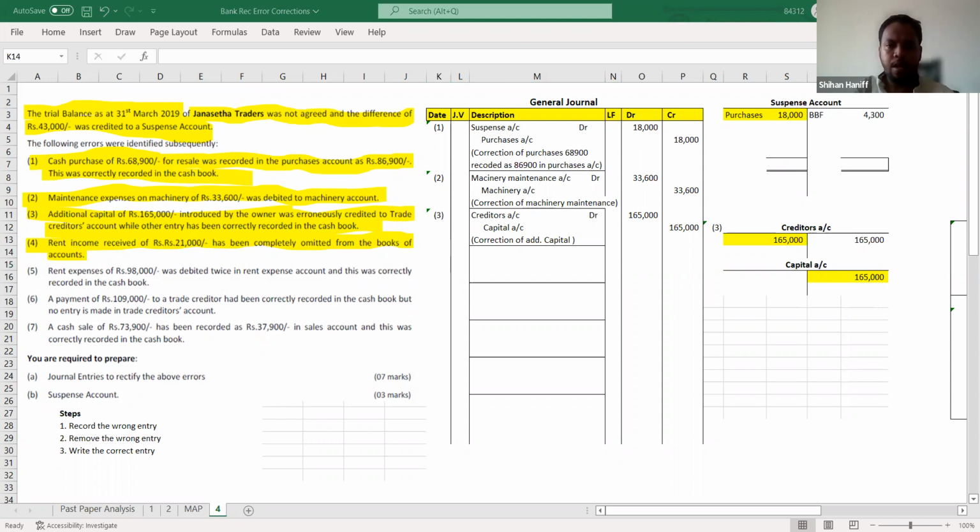Okay. I'll give another 2 minutes. There are few students still writing. I'll give 2 more minutes. Rent income credit. Cash control account debit.